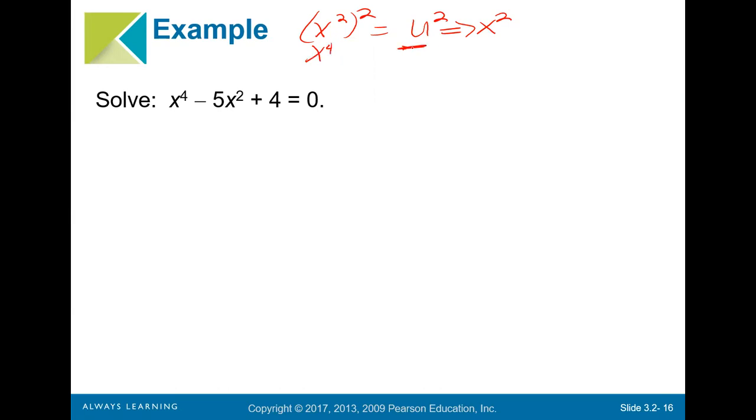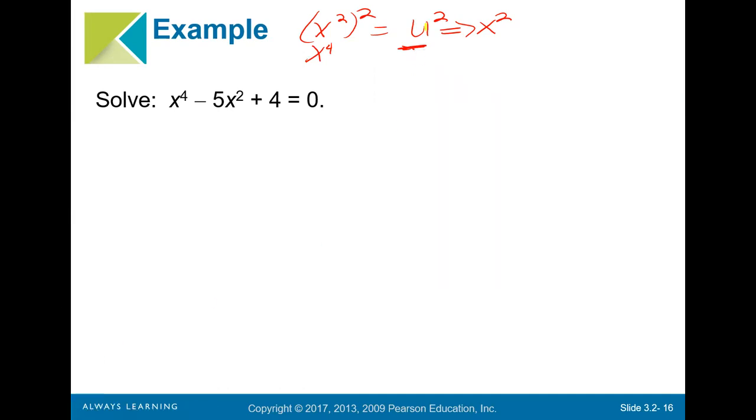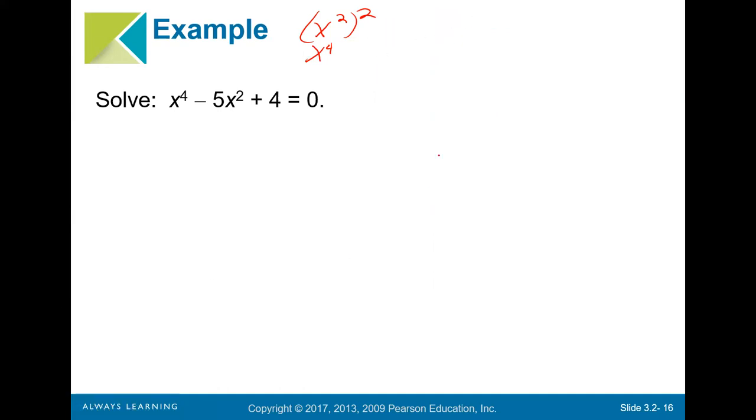Let me backtrack, that did not make sense. So look, we're human, right? So here we go. I'm going to let u equal x squared.